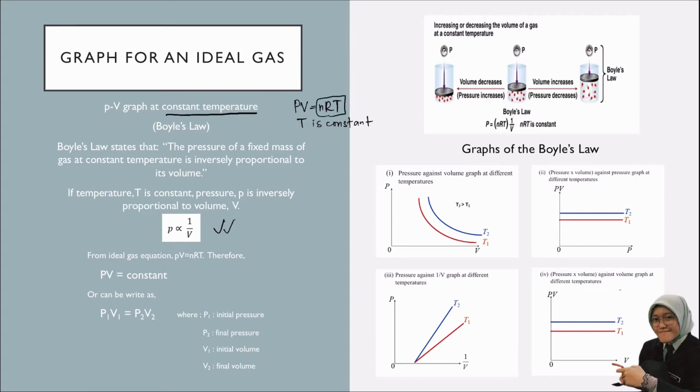Everything here is constant. So, we can write that PV equals to constant. So, we can write it like this. P equals to constant over V. So, by doing like this, we know that P is inversely proportional with volume.